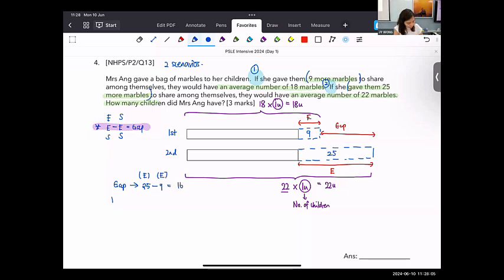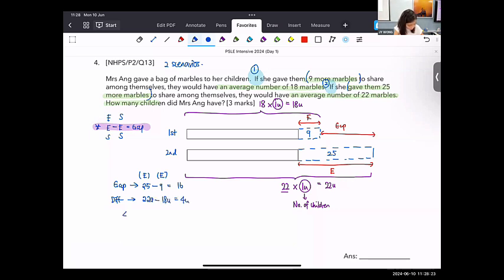Then the difference is 22 units minus 18 units, which equals 4 units.